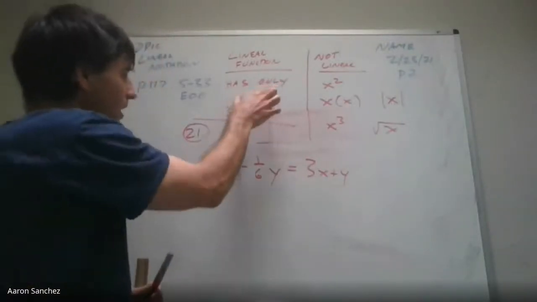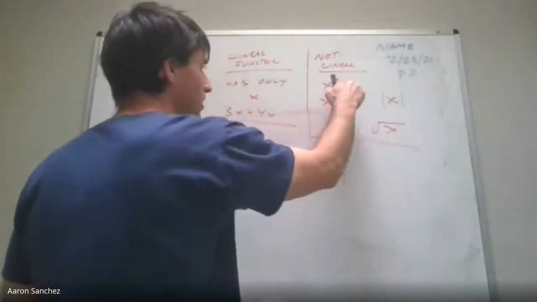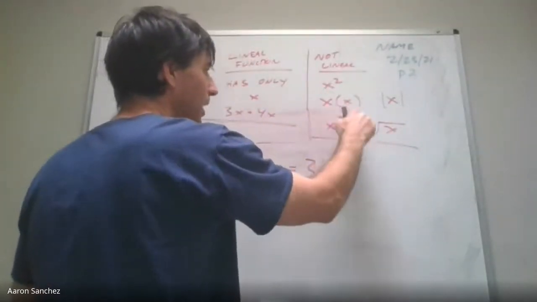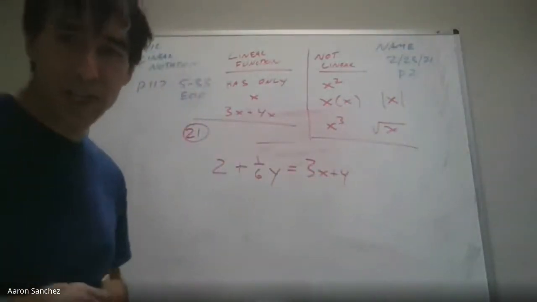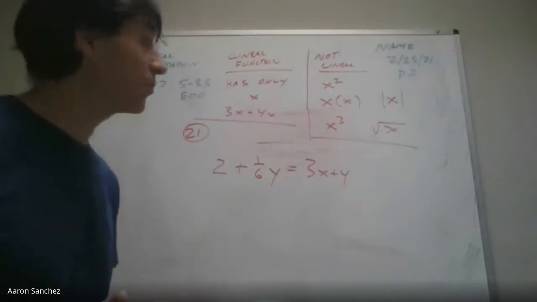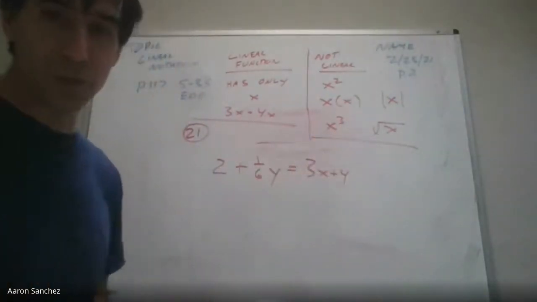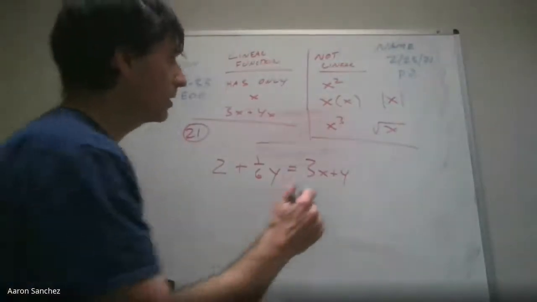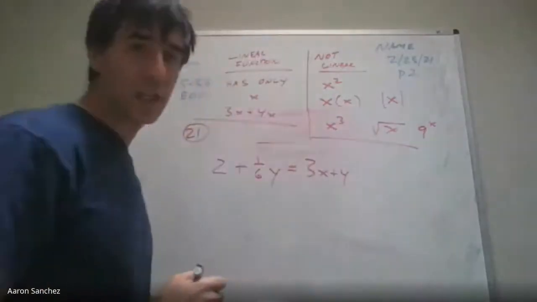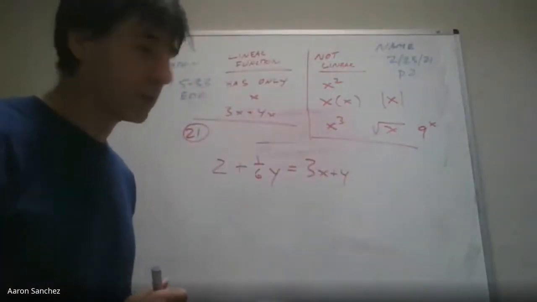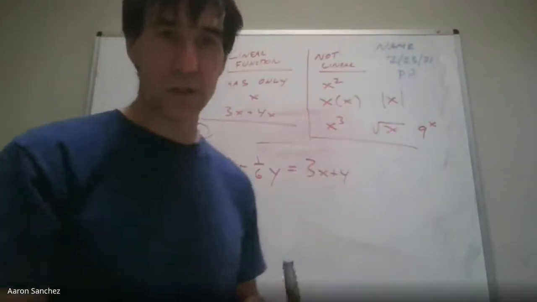So linear just has an x, or if you add the x's. But nonlinear is if I square it, cube it, multiply it, absolute value it, square root it, anything besides just adding x. Like x to the 5th, x to the 10th, any exponent with x. Or even if I have 9 raised to the x power, that would also not be linear. So if you only see one x, boom, linear, okay?